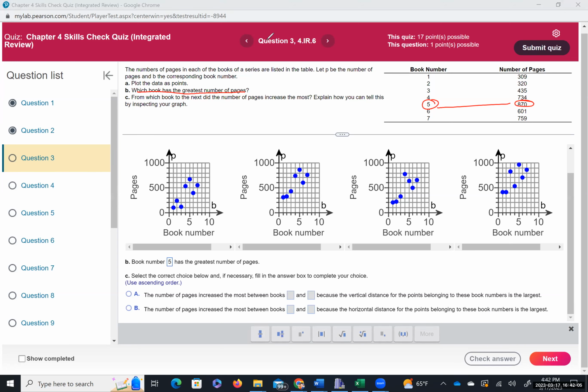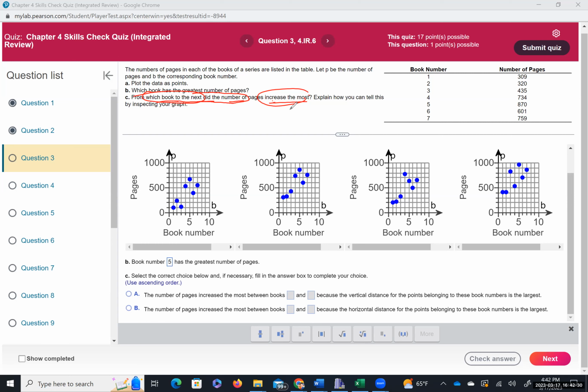The next question says, from which book to the next did the number of pages increase the most, right? So remember that I want to get the difference from one book to the next, where the number of pages increases the most. Increase, not decrease, right?